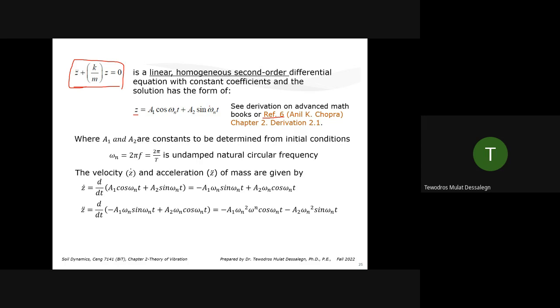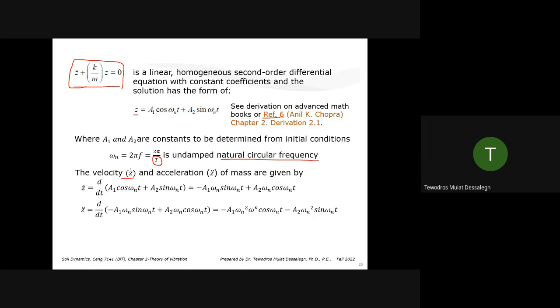Omega n is the natural frequency of vibration, where A1 and A2 are constants to be determined from initial conditions, and omega n is 2 pi f, or 2 pi by period. We know what period is. 2 pi by period is the undamped natural circular frequency.